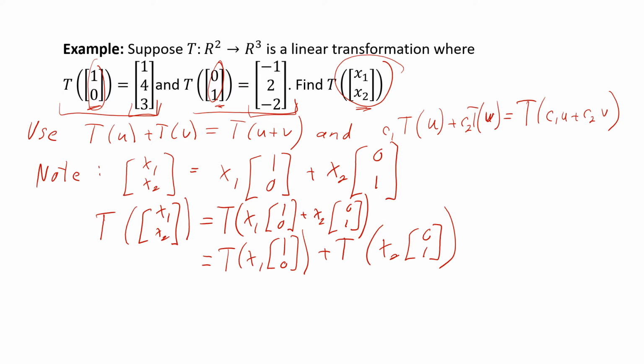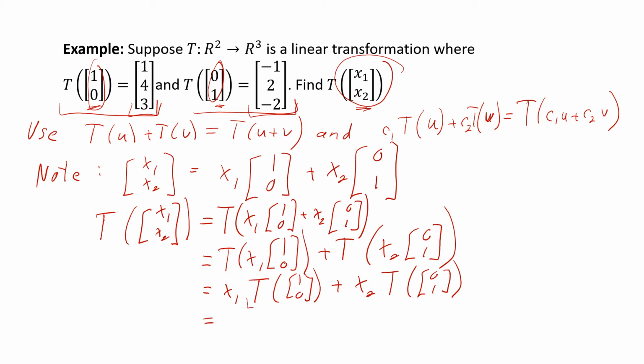But now my second rule said that if I'm multiplying, I can multiply first or after. So this is equal to x1 times T(1, 0) plus x2 times T(0, 1). So I've used those two rules that define what a linear transformation is to just alter it, change it around.